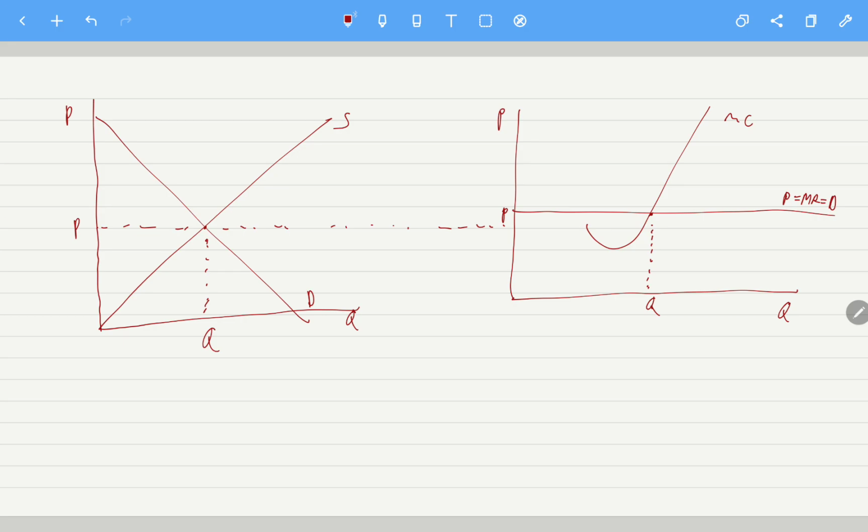Now, let's say the market for Nike has more consumers that have a high income, so they are more inclined to purchase normal goods, meaning that the income elasticity is positive.